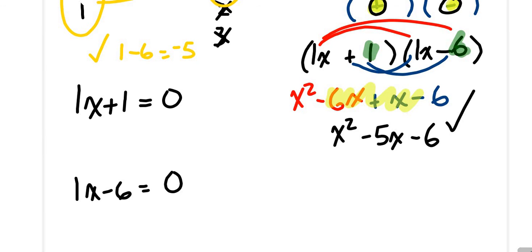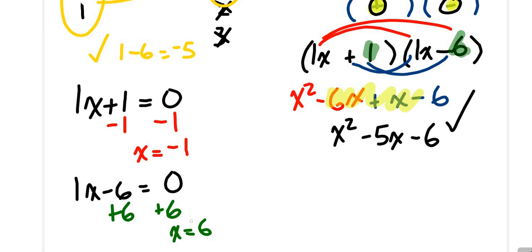You solve. Minus 1. So one of my zeros is going to be x equals negative 1. And then I do this. I add 6, and x equals 6. Keep that in mind, that your zeros are negative 1 and 6.